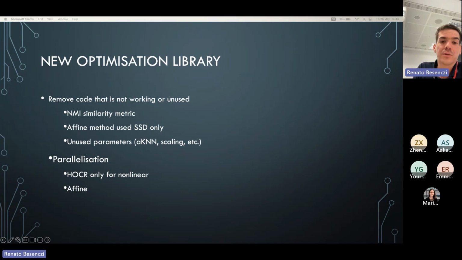I also improved it with parallelization. Right now, only the HOOK method is using parallelization for the nonlinear, and the FI method. FastPD is not using it because it's fast, so it doesn't really require any parallelization at all, at least on lower resolutions, I guess.